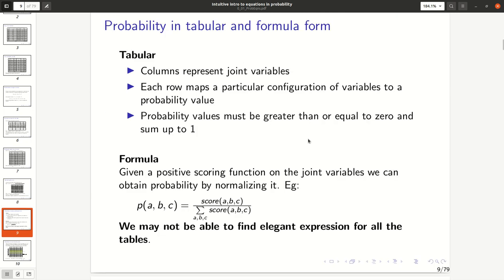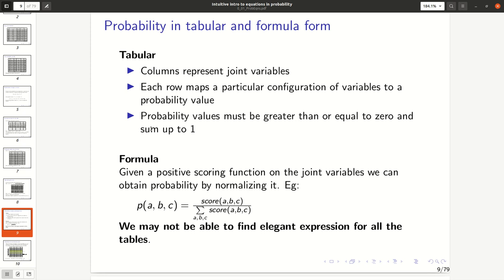Let's once again recall the two forms of representation we learned. In the tabular form, the columns are the joint variables. Each row maps a particular configuration of variables to a probability value. Probability values must be greater than or equal to 0, and when we add all those probability values, the sum should be 1.